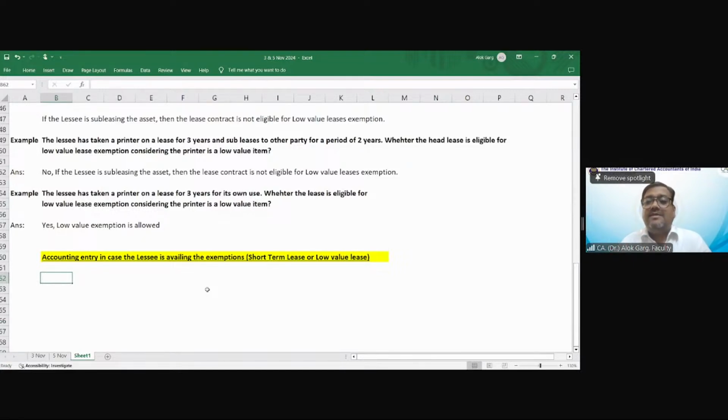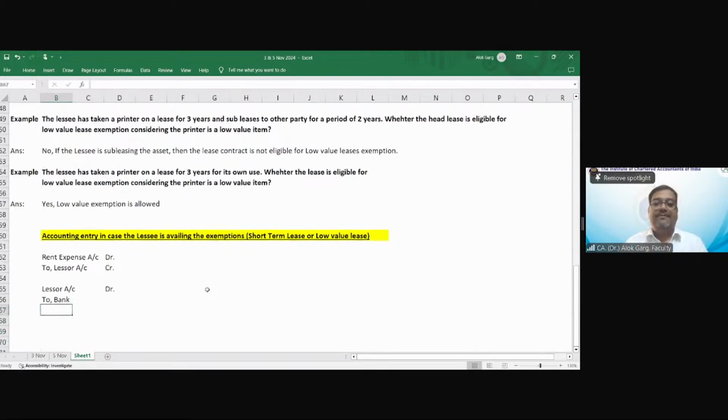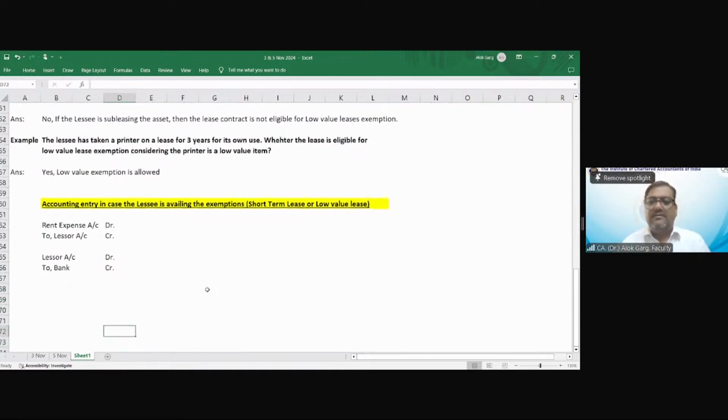So the accounting entry is rent expense account debit to lessor account credit, and then lessor account debit to bank. Perfect.